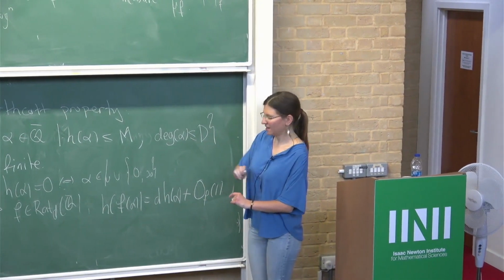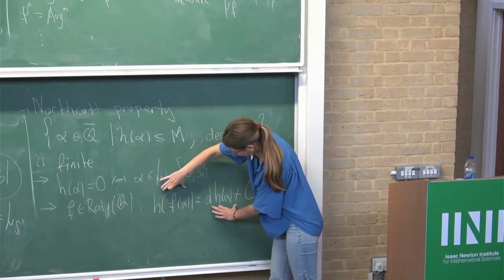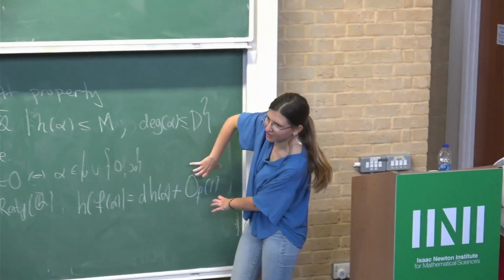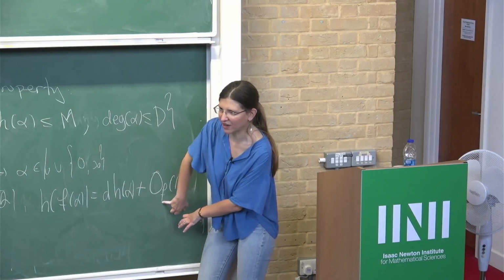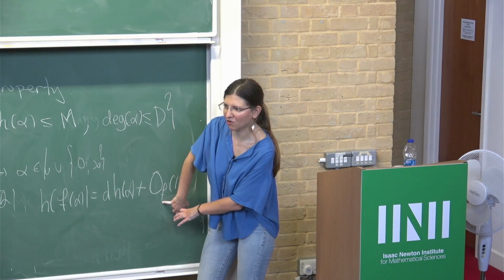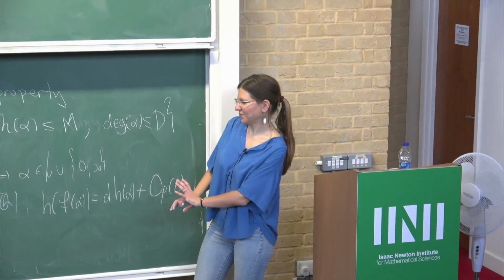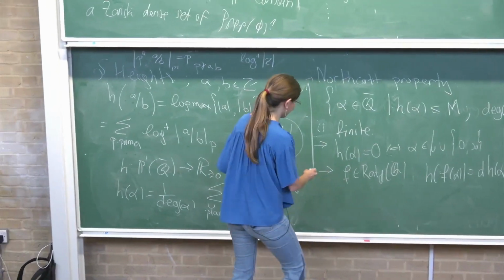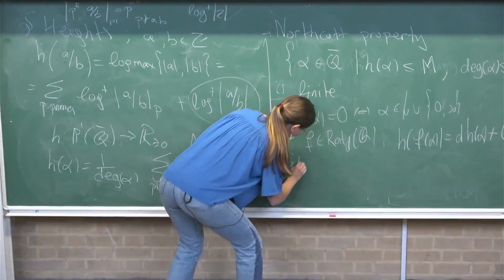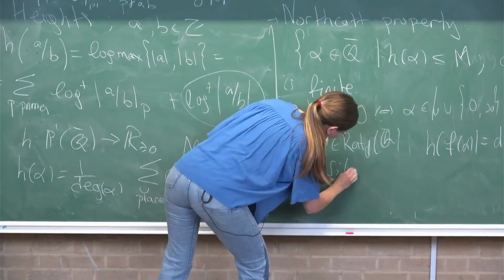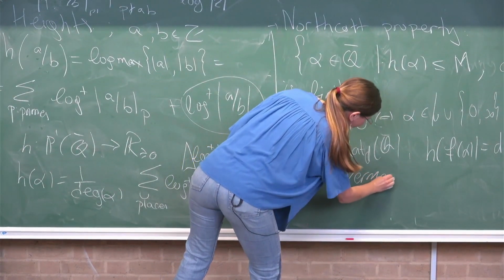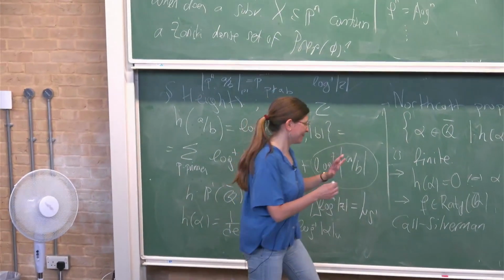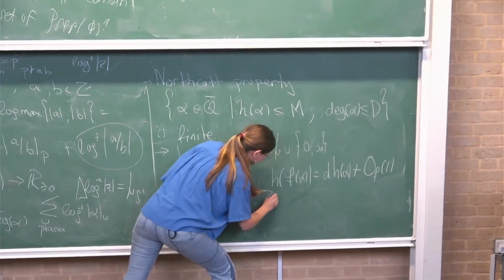Okay? This means that the absolute value of the difference of these quantities is bounded by a quantity depending on f, the big O of 1. And having this was done, I guess, by Call and Silverman, but also at around the same time through a different approach by Shouwu Zhang.